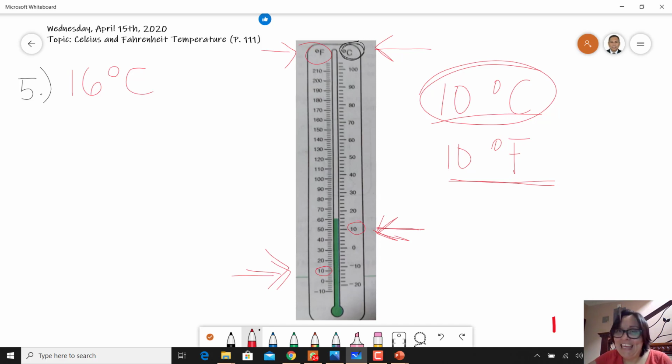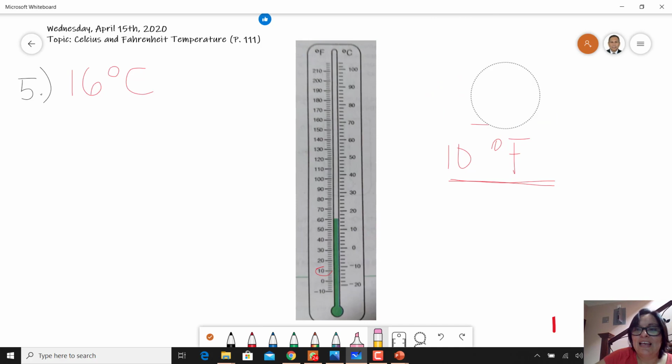Number 8 says, you are going swimming, okay? So is the temperature 30 Celsius degrees or 30 Fahrenheit degrees? Let's analyze. If you are going swimming, it has to be not cold.